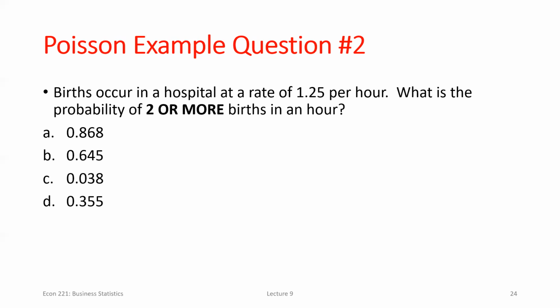It'd be pretty safe to say that if I'm adding up all of these probabilities, including one of the most likely outcomes as well as some values that are pretty close to it, it's probably going to be a relatively large probability. And so if I'm looking here, C makes no sense. That's way too small. D even seems a little too small. So if I'm just making an educated guess, I'm probably going to guess either A or B.